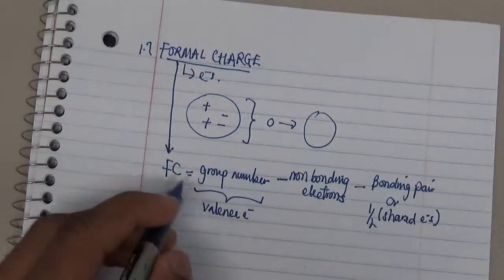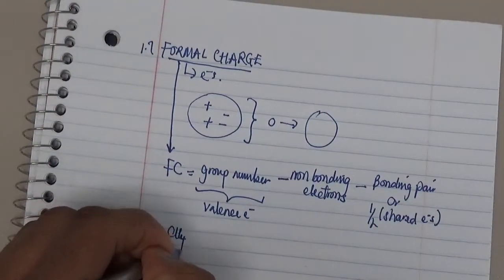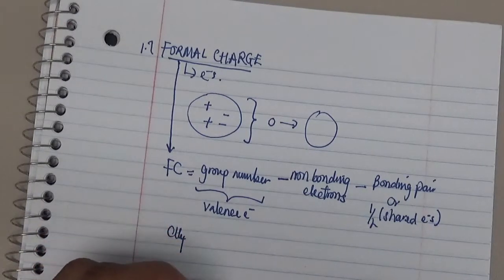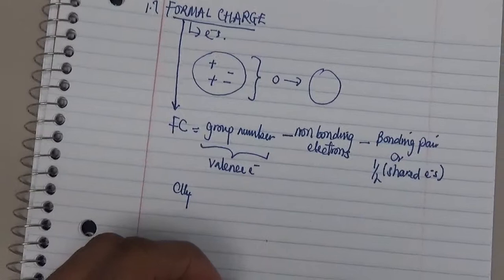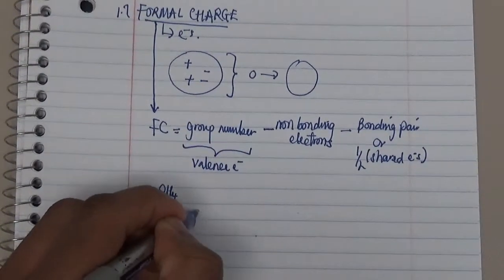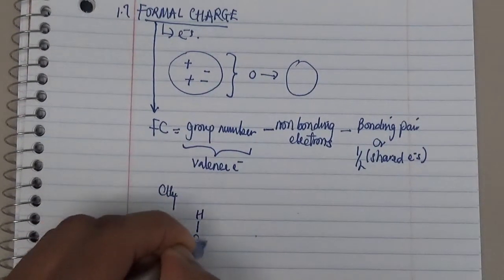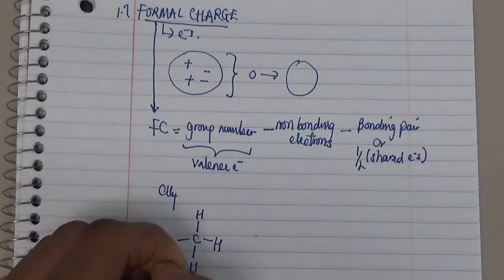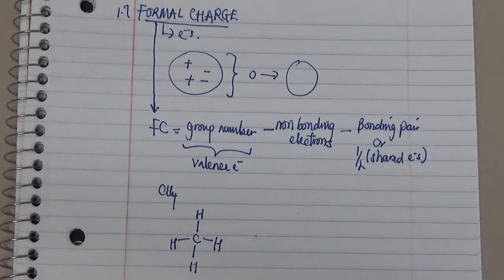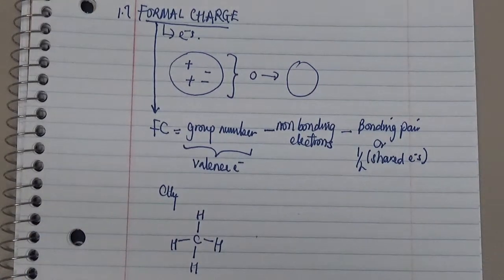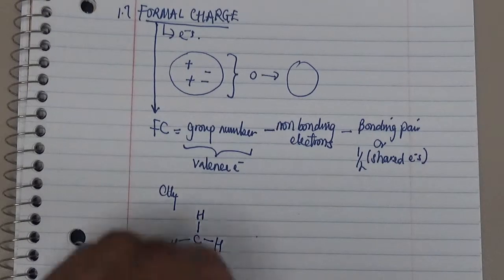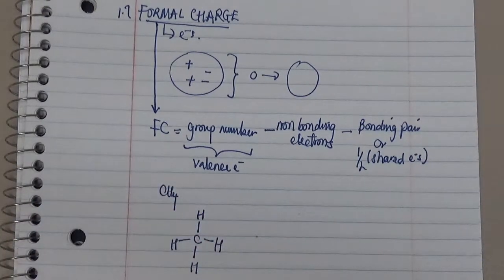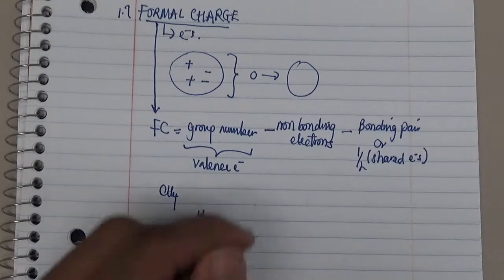So let's take for an example CH4. CH4 is methane, of course, and if you draw the Lewis structure for this compound, what you realize is that you have C attached to 4 hydrogen atoms. If you look at the periodic table, the group number of carbon is 4.